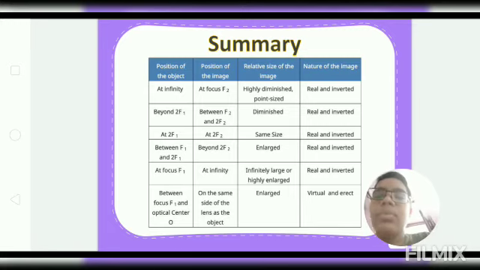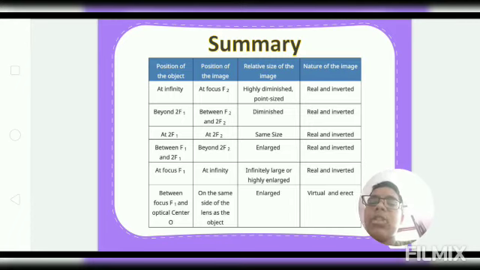This is a different case, as I told before. It is an enlarged image, virtual and erect. This last case is different from all the other cases. You can observe it in the above chart. Okay.